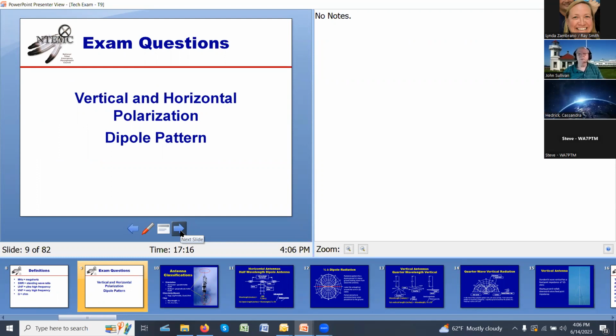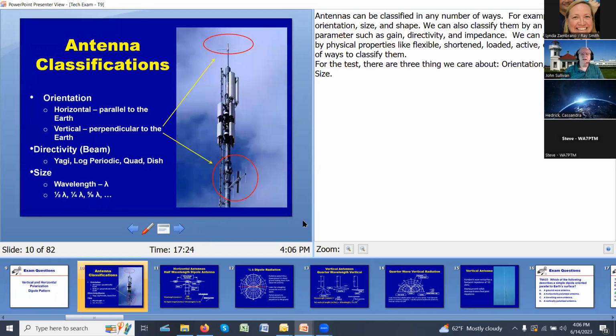Okay, so the first subtopic we're going to cover is vertical and horizontal polarization and dipole patterns. If you look at an antenna, there's a lot of ways you can classify antennas. We can talk about their shape, their gain, their directivity, the impedance at their feed points, whether they're short, whether they're flexible, all kinds of ways that you can describe antennas.